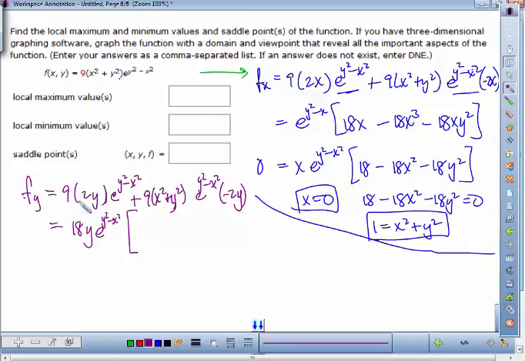I'm expecting it to be kind of like a mirror image of the one before that. So 18y e to the y squared minus x squared factored out. That's gone. This negative here will distribute. And then the 18 is gone. The y is gone. So I just have an x squared. And then the same thing over here.